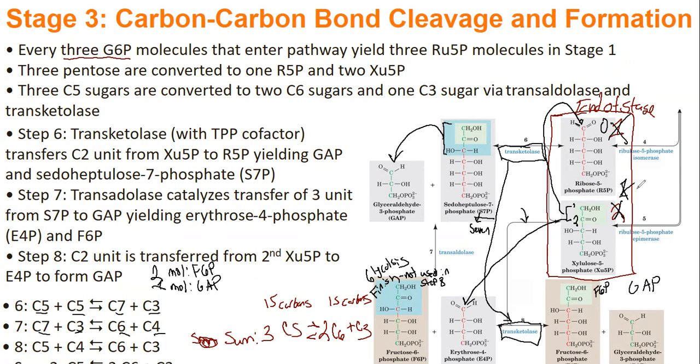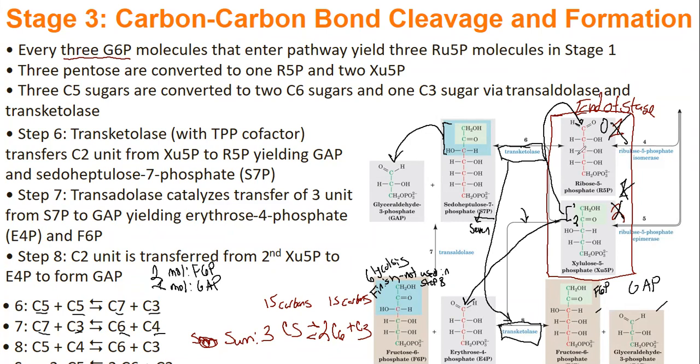What I mean by that, if you want to create more nucleotides, what you can do is that you can take GAP and fructose 6-phosphate from glycolysis and run this pathway in reverse. Like you start at step 8 and you go to 7 to 6 to make more ribose.